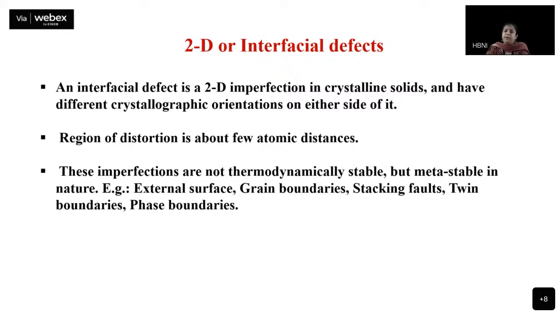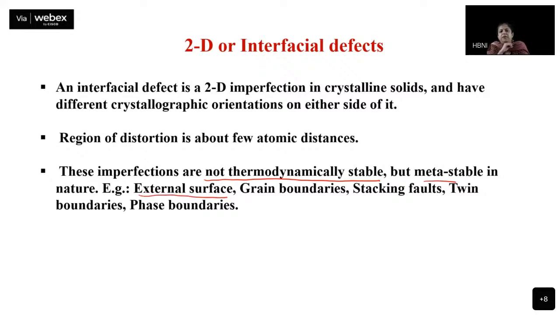Okay. Again, like 1D defects, they are not thermodynamically stable. But they are metastable in nature because they are associated with high energy. All right. The foremost example of 2D defects is external surfaces.